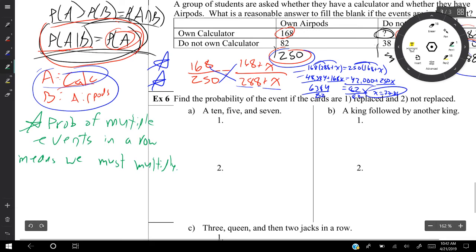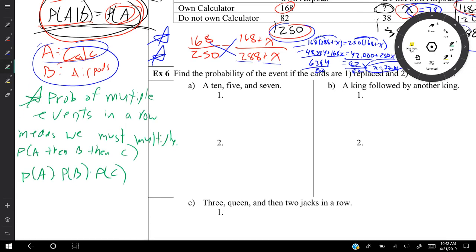Meaning, let's say we want the probability of 1, then 2, or how about I use A instead of 1? Probability of A, then B, then C is equal to the probability of A times probability of B times the probability of C.